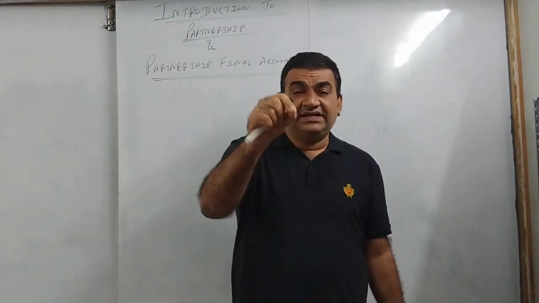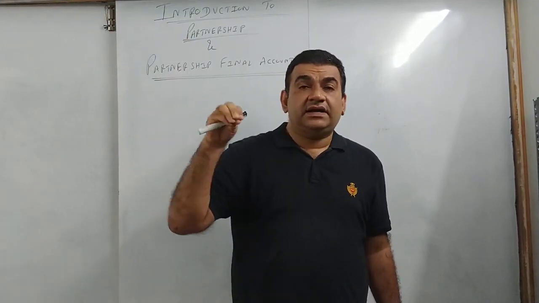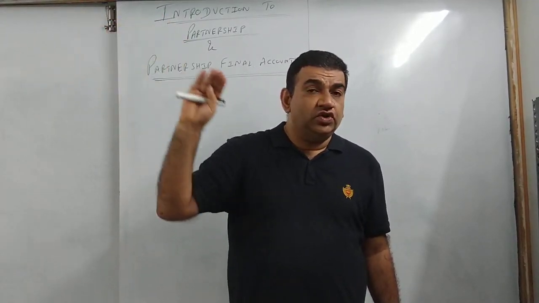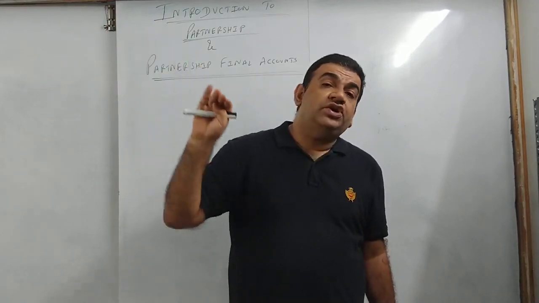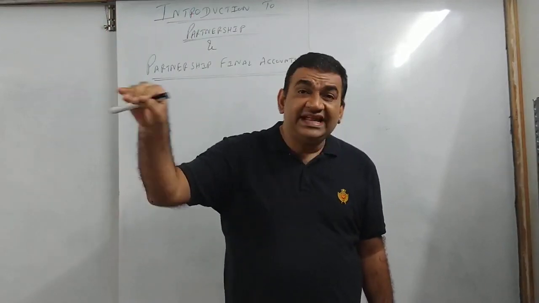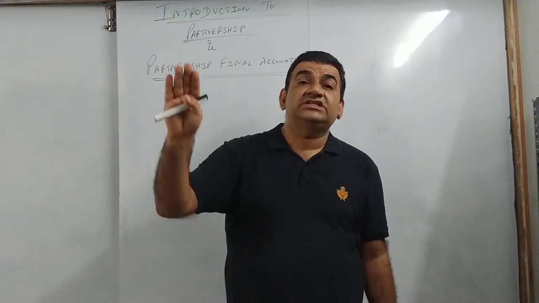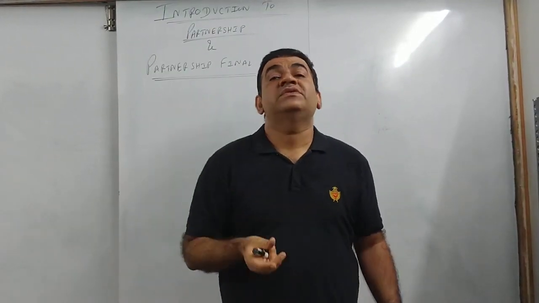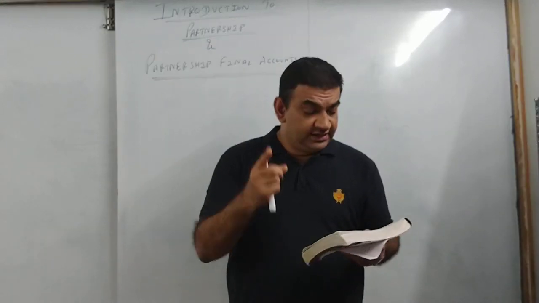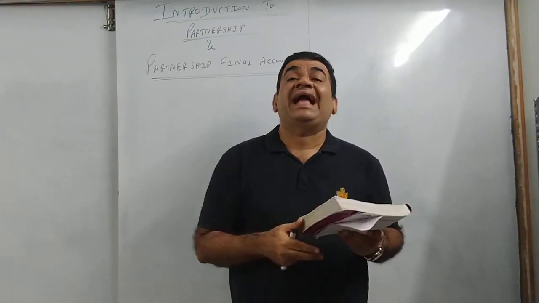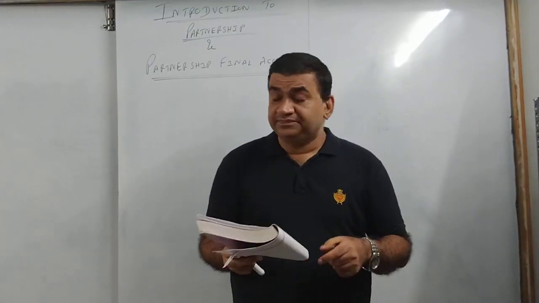That means, same example, Mr. A is a partner, he has a capital of 5 lakhs, the firm goes into losses, so he has to contribute not only that 5 lakhs, but if required, he will have to arrange excess money from his personal property. That's why partnership is said to have unlimited liability.